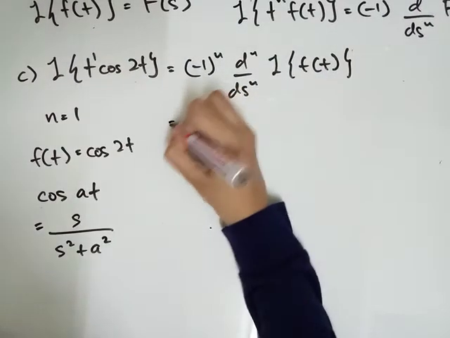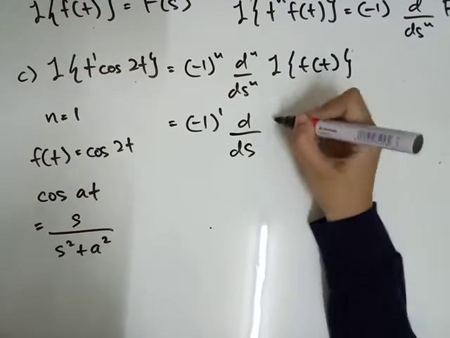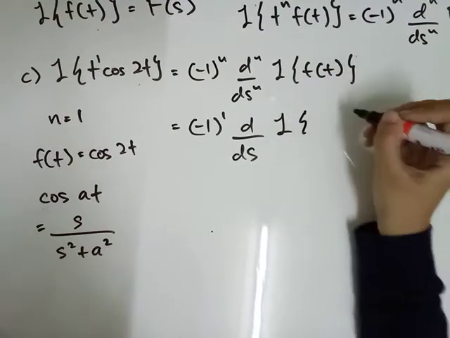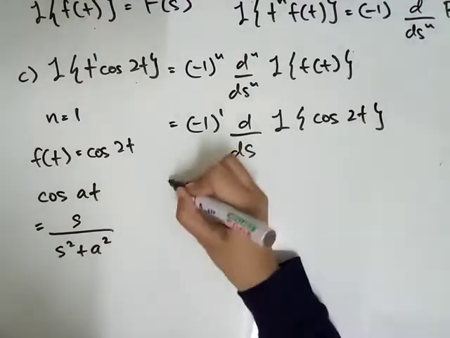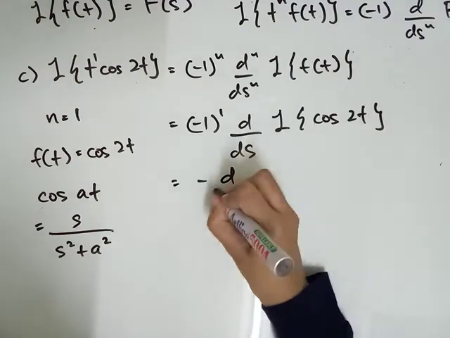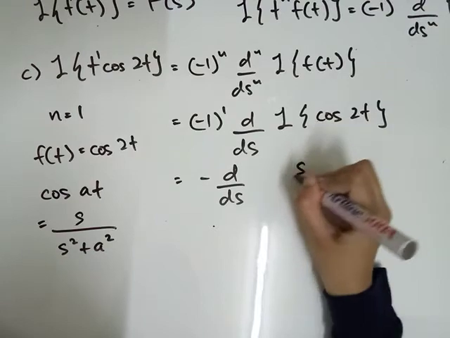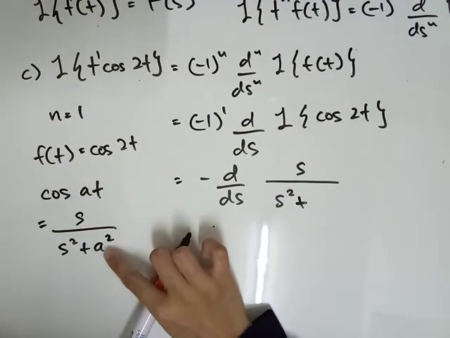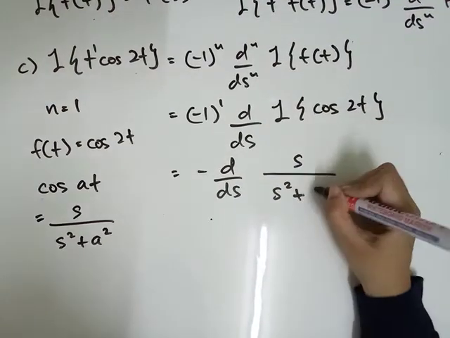Therefore negative 1 power 1, differentiate the Laplace of cos 2t. So we know that the Laplace of cos 2t is s over s square plus a square. A square is 2 square, which is 4.